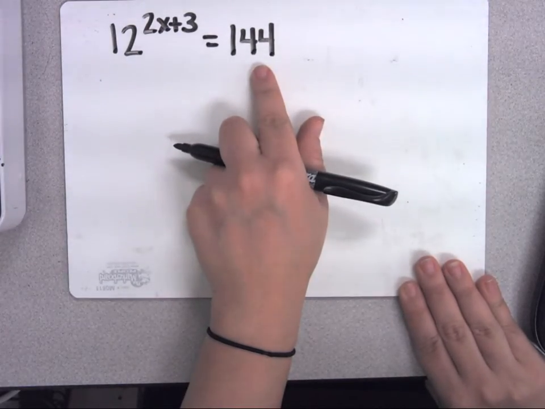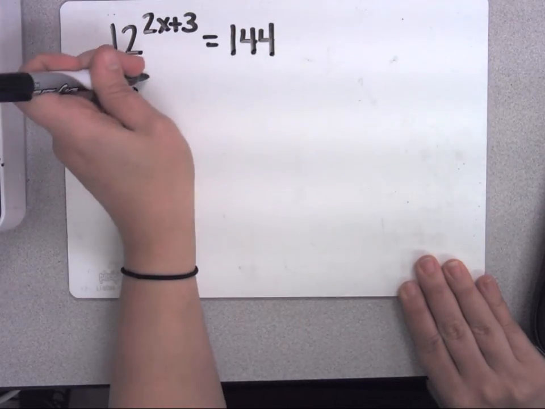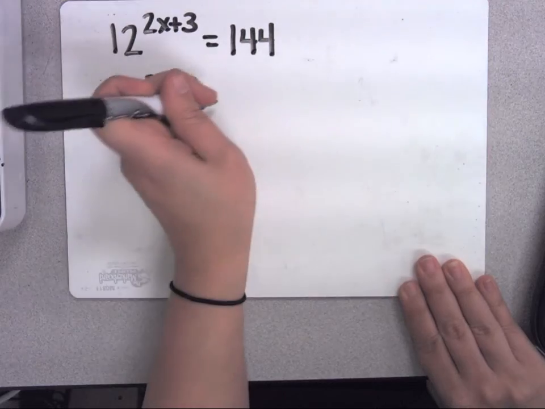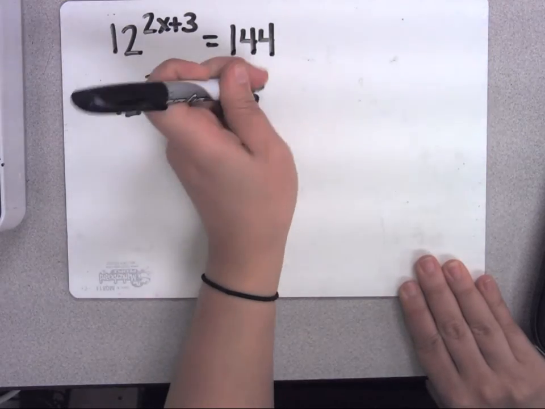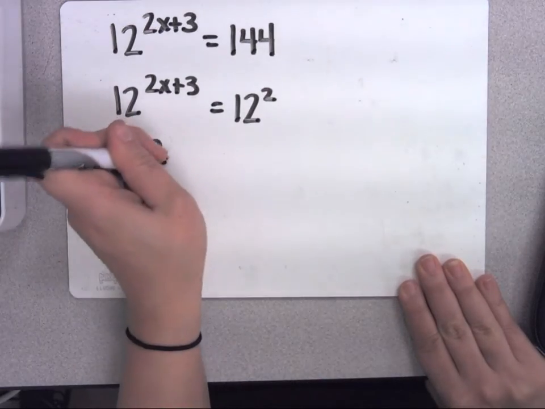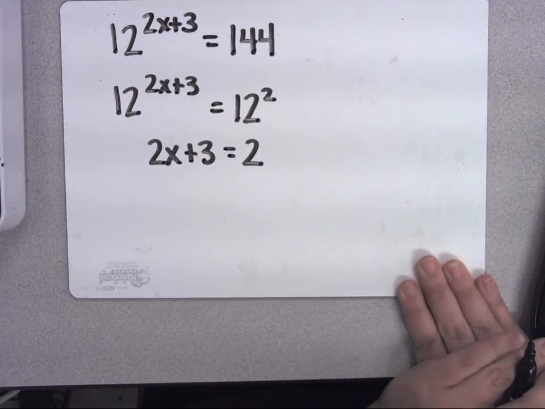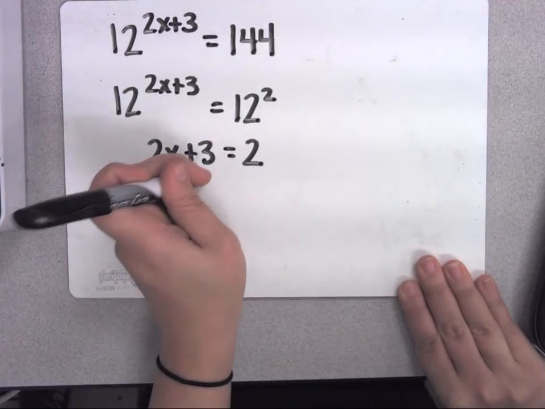Can we rewrite it as 12 to some power? Yes, ma'am, we can. Okay, 12 to the 2x plus 3 equals what? 12 squared. Are my bases the same? So now I have a linear equation. Can I easily solve that? Can I? Can we all?